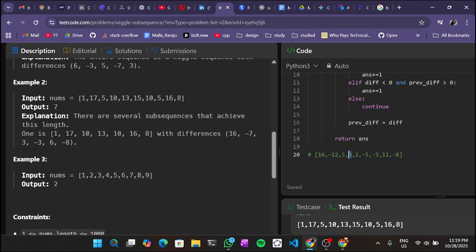So probably we'll continue, right? We'll continue. We'll leave 3, and the next difference is 2. So we'll continue again, but the next difference is negative. Previous difference updated.